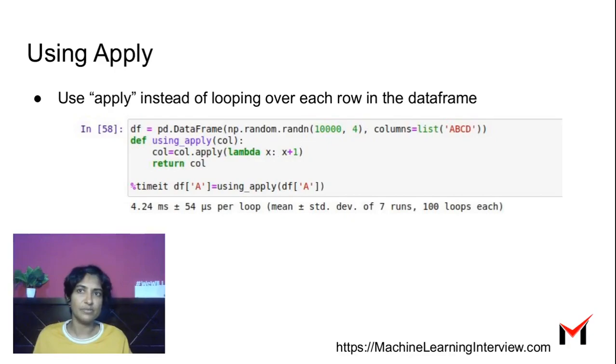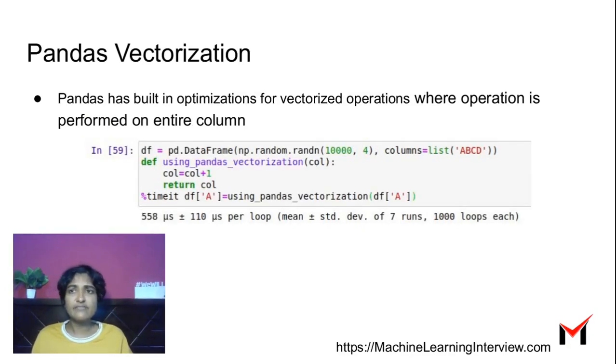That's something to remember. The next thing we can do is Pandas vectorization. So instead of even doing apply, can we directly apply an operation to a data frame column? There are some operations that Pandas supports on its columns. For instance, if I add a scalar value to a column, it can add the scalar value to every element in the column, and this is a supported operation.